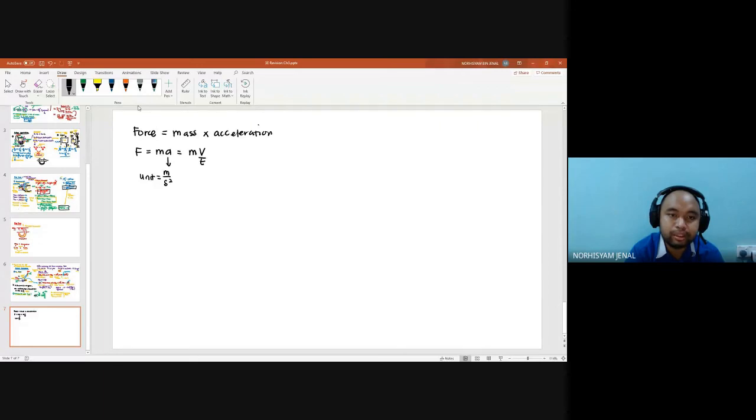So if I bring the T to this side, it is mass divided by time, multiplied by V. Mass divided by time is actually mass flow rate, and the unit is kilogram per second. So that's how the force becomes m dot v.